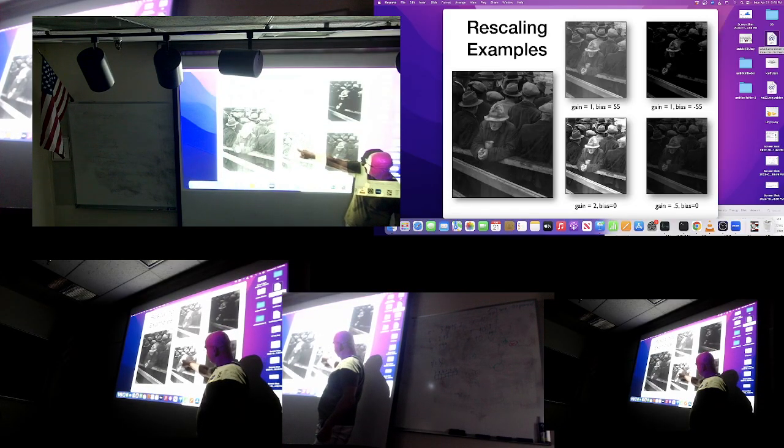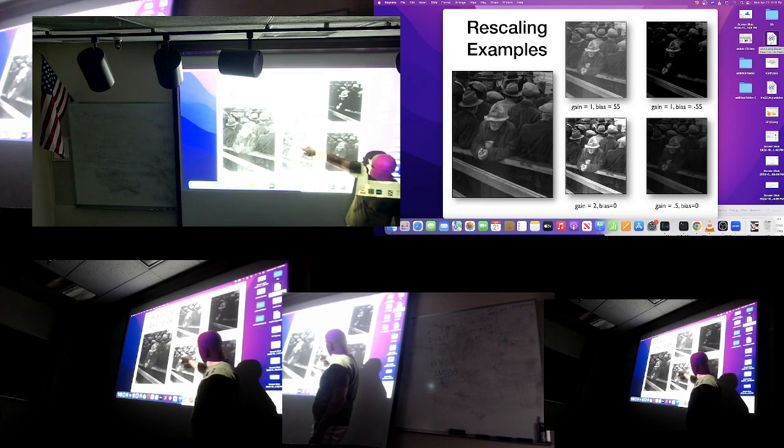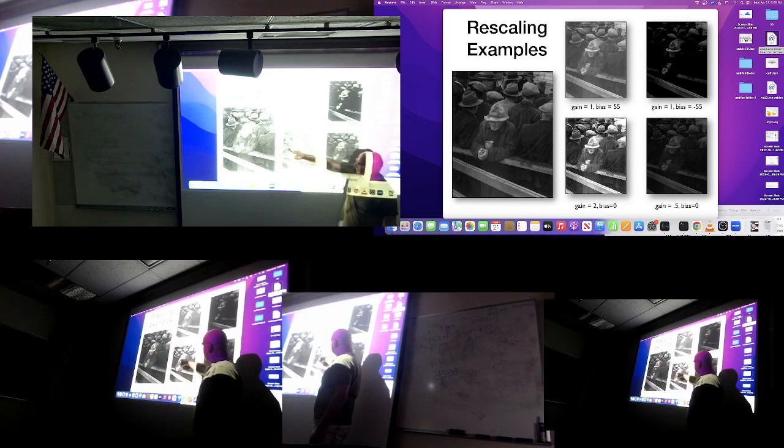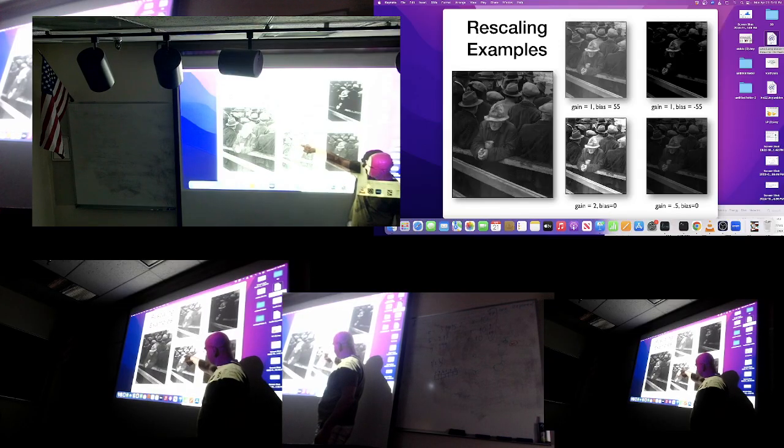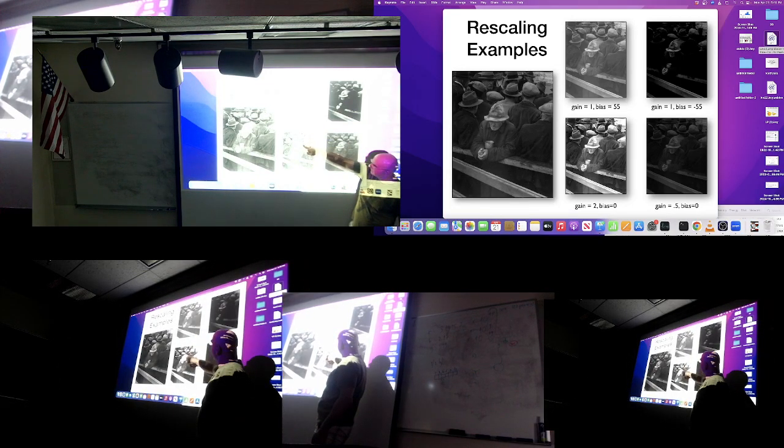Look at the head, where pieces of the head start to be completely white as opposed to the original, and you don't see the details of the head, you lose details of the hand, and so on. So I would think that's overexposed. The gain, the alpha, is, to my taste, too high.